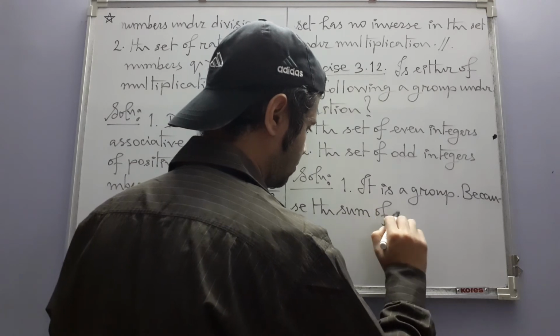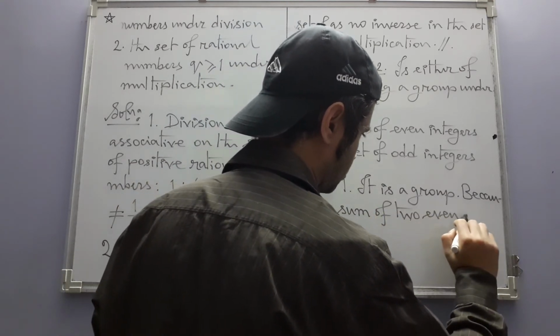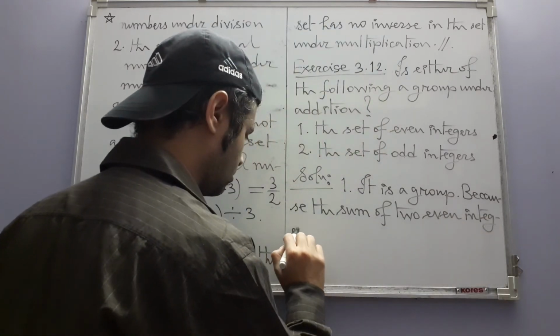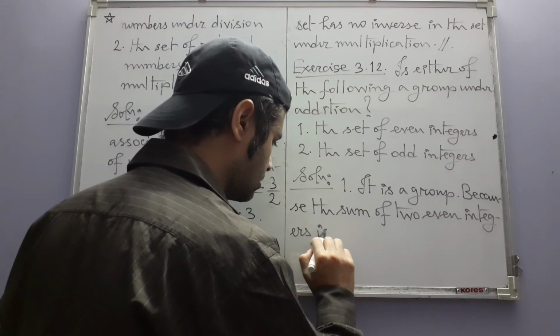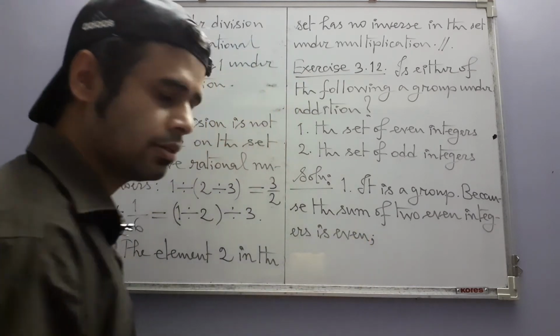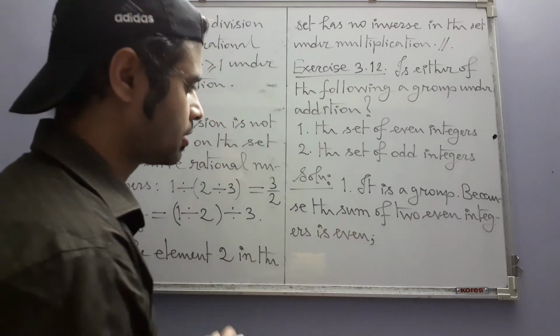The sum of 2 even integers is even, so that means it again belongs to the set. So the given set is closed under addition.